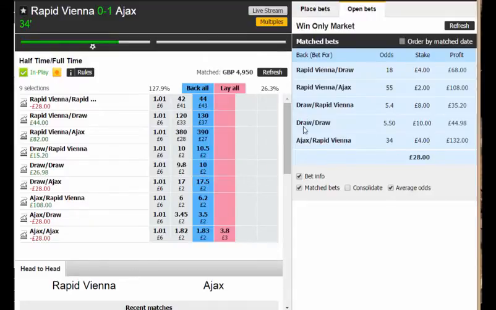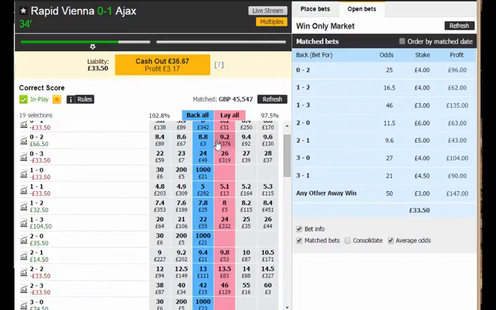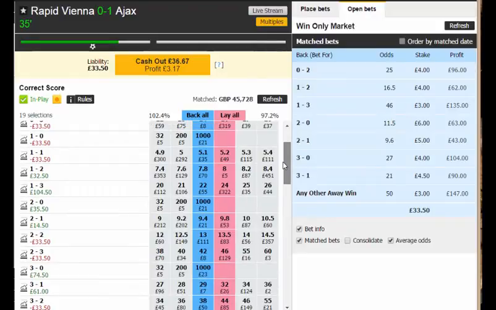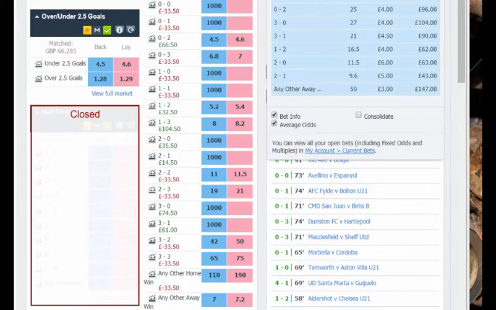And what I did was what we should really never do, and that is just look at a game. This was Wednesday night Champions League fixtures, and within about 2 minutes I selected a game, Rapid Vienna against Ajax, and just randomly almost, without thinking, selected a lot of correct scores and the half-time, full-time market. So there was very little thought or research gone into this.